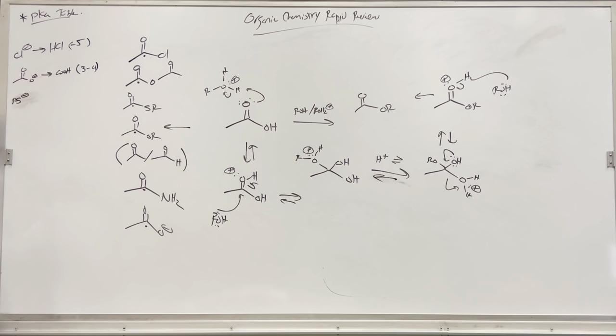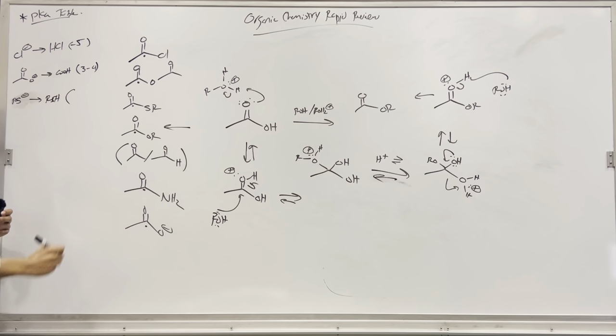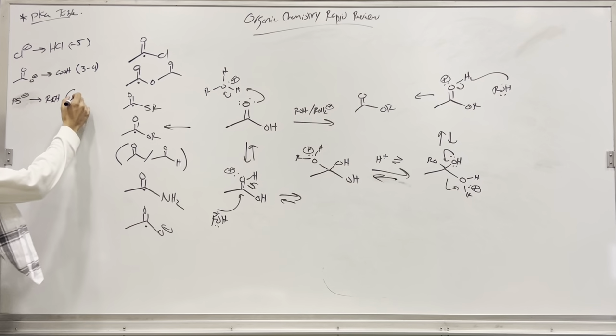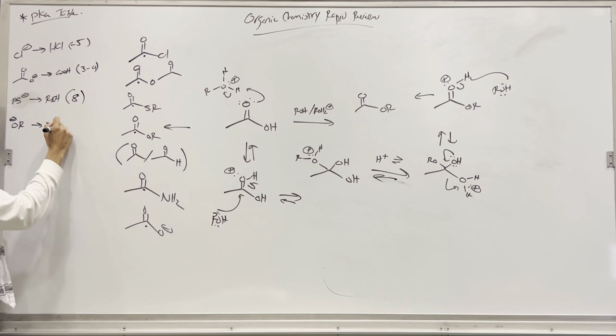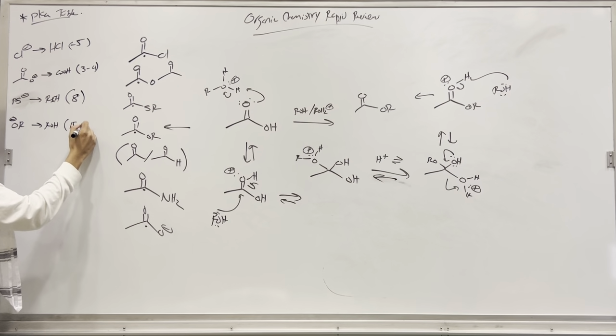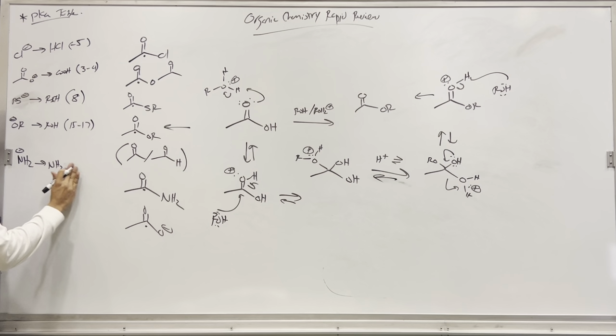Why did I say RS minus? Because the negative is on the S, right? Conjugate is RSH, pKa 8. RO minus, ROH, which is alcohol, 15 to 17. NH2 minus, conjugate is NH3, pKa is 38.